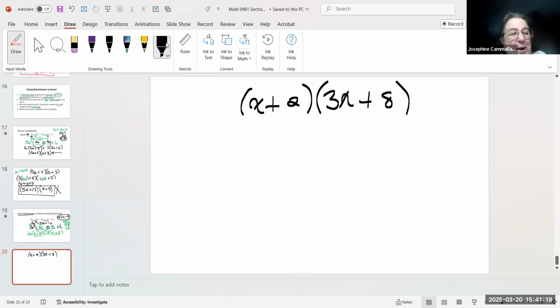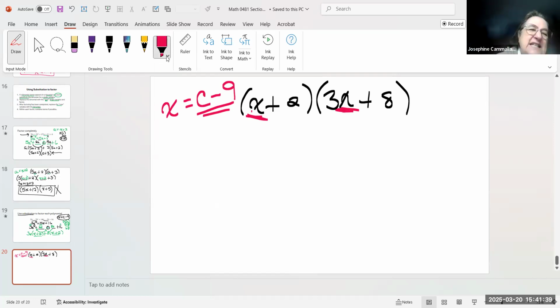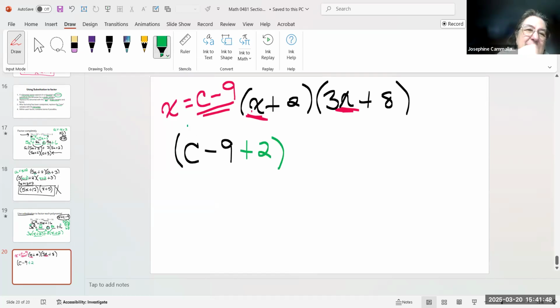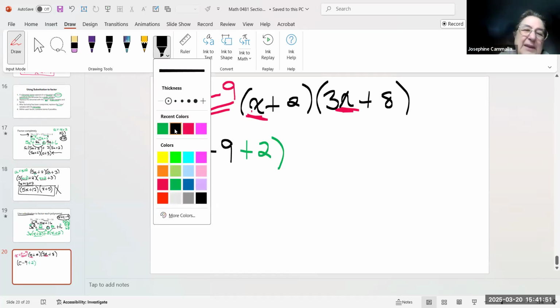But if you remember, I said that x was equal to c minus 9. This x and this x, I've got to go back and do a substitution, which means this is c minus 9 plus 2. And be careful here.